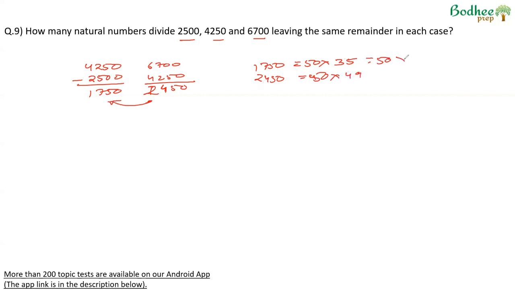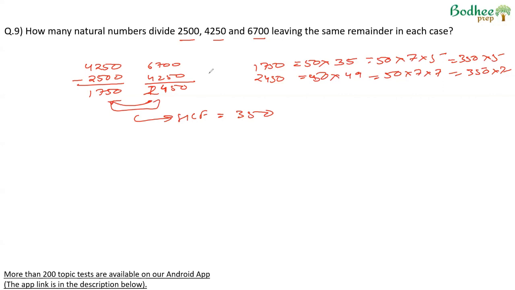This can be written as 50 into 7 into 5. This can be written as 50 into 7 into 7, which is 350 into 5, 350 into 7. Therefore, the HCF of these two numbers is 350. Hence, 350 and all factors of 350 will give me the same answer.